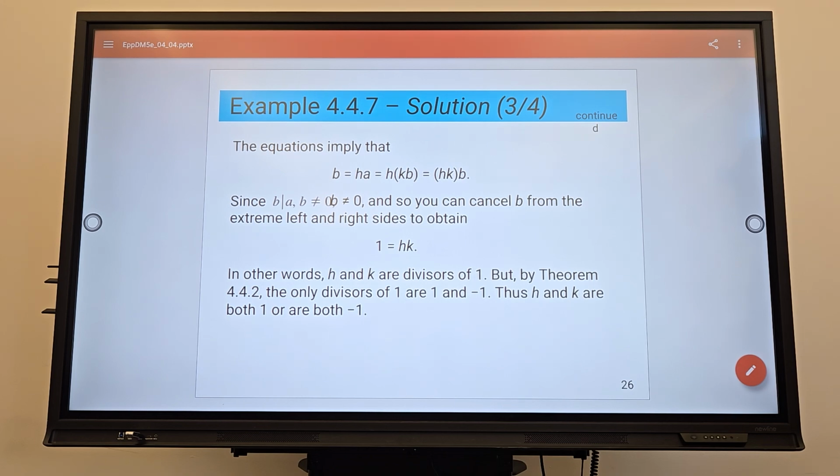In other words, H and K are divisors of 1. But by theorem 4.2.2, the only divisors of 1 are 1 and minus 1. Thus, H and K are both 1 or both minus 1.